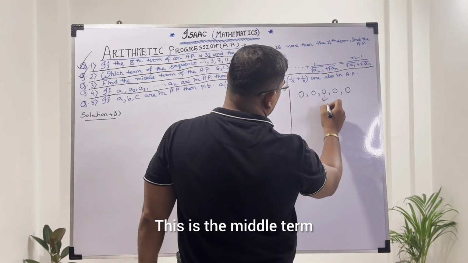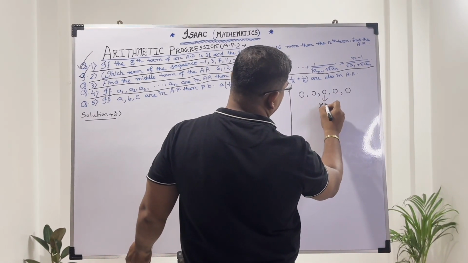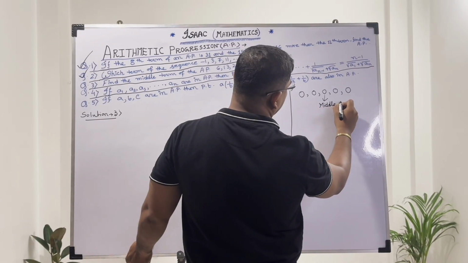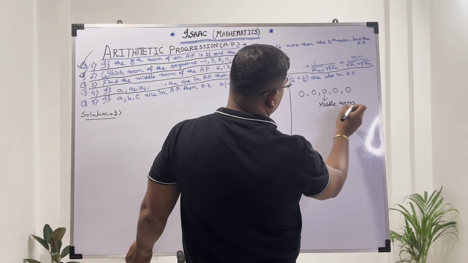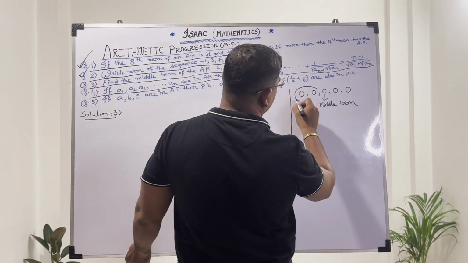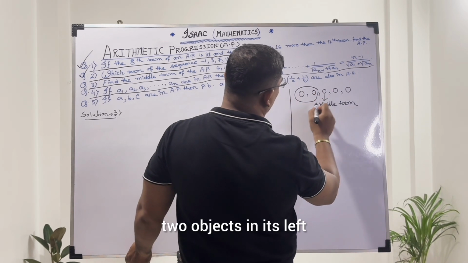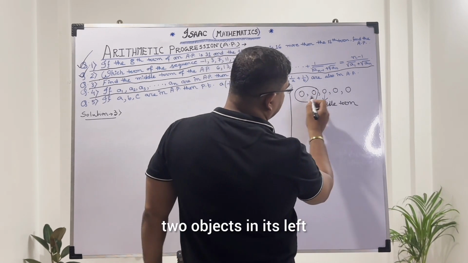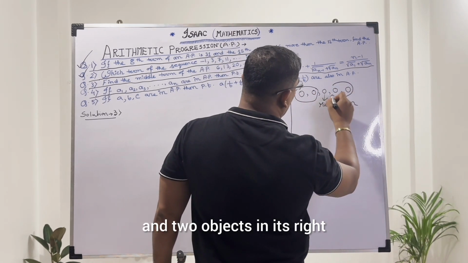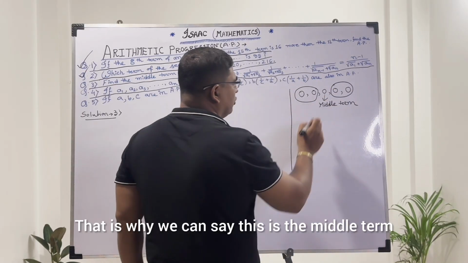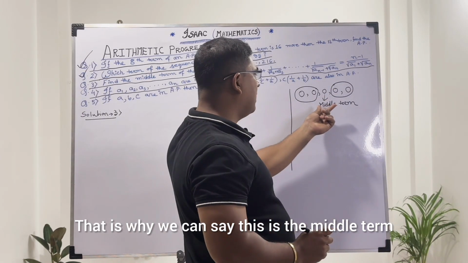This is the middle term, because it has two objects on its left and two objects on its right. That is why we can say this is the middle term.